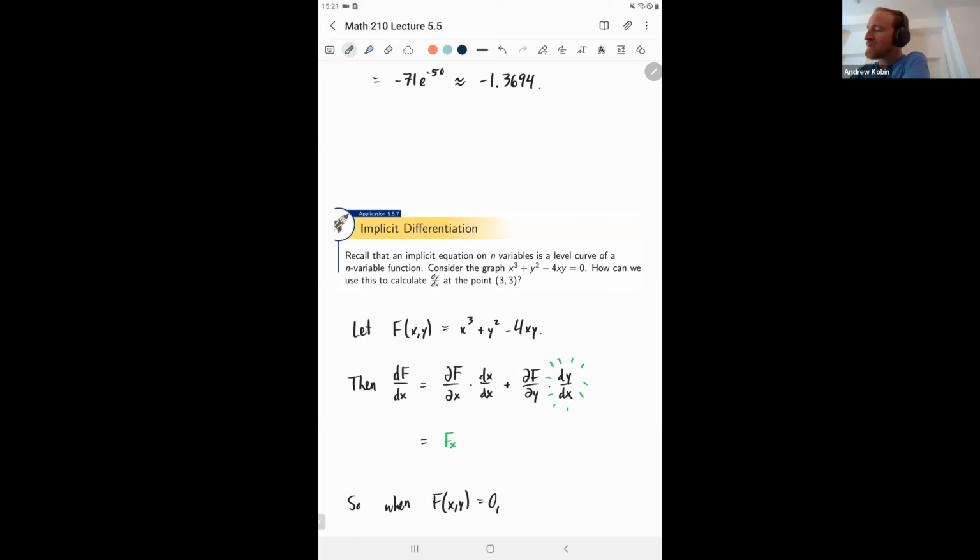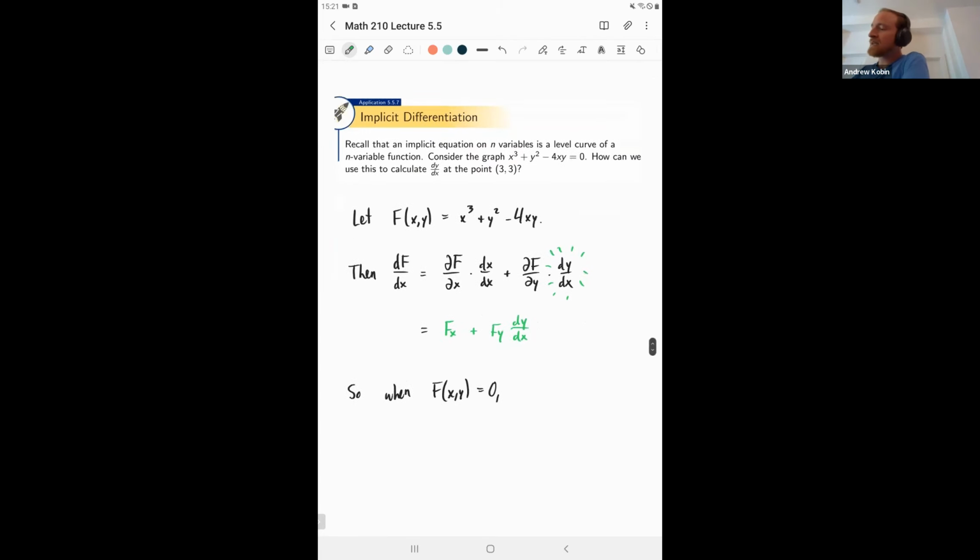But if I plug in what dx/dx is, remember that that's the rate of change of x with respect to itself. That's just 1. Then I can simplify the whole expression to read as follows. So the rate of change of f with respect to x is given by the partial of f with respect to x plus the partial of f with respect to y times dy/dx.